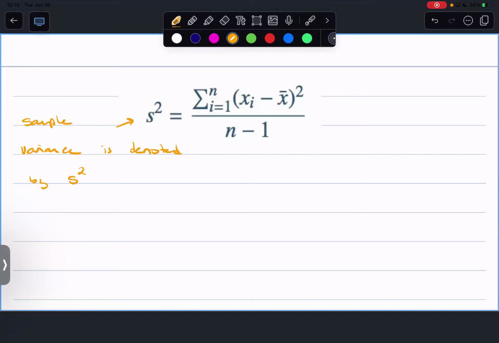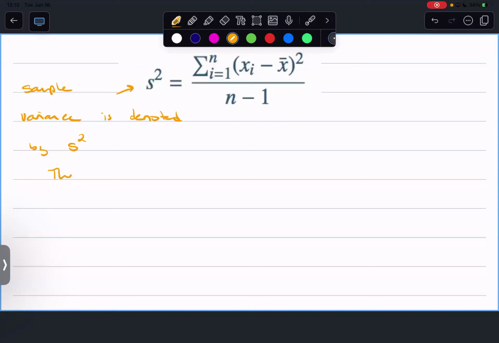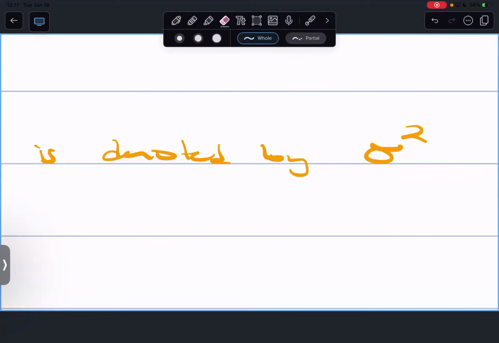The population variance, I'm going to introduce it now, is denoted by a lowercase sigma squared. Sigma is this little O with a little tail on it.